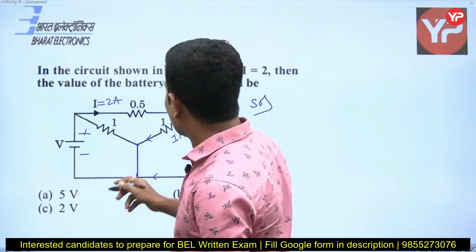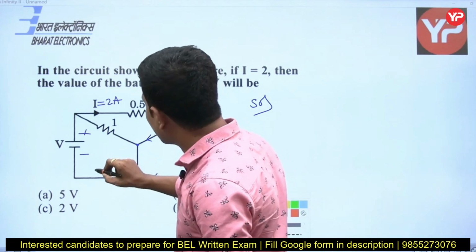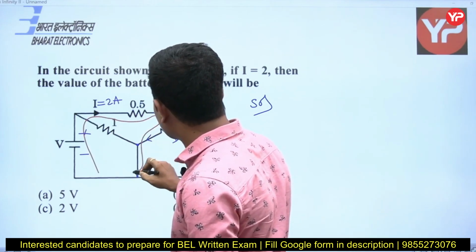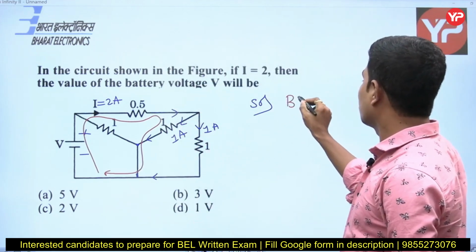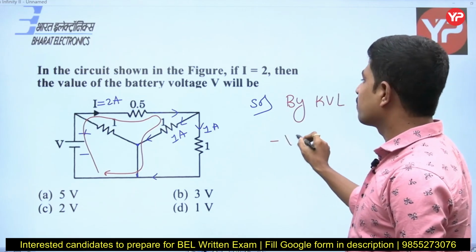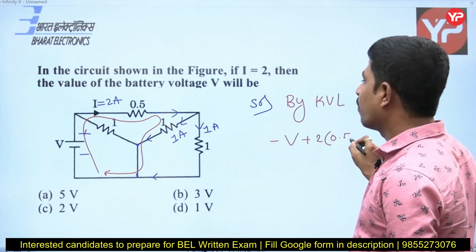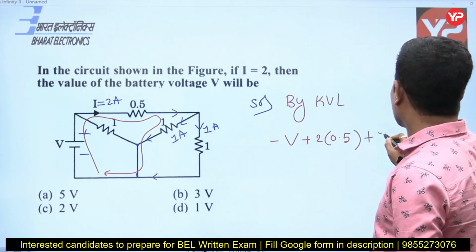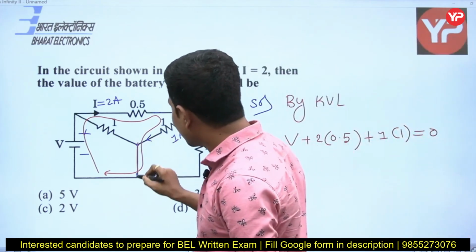Now write the KVL for this outside loop. KVL can be written in any manner, any closed path you can select. So by KVL, minus V plus 2 into 0.5 plus 1 into 1 is equal to 0, because no element here.